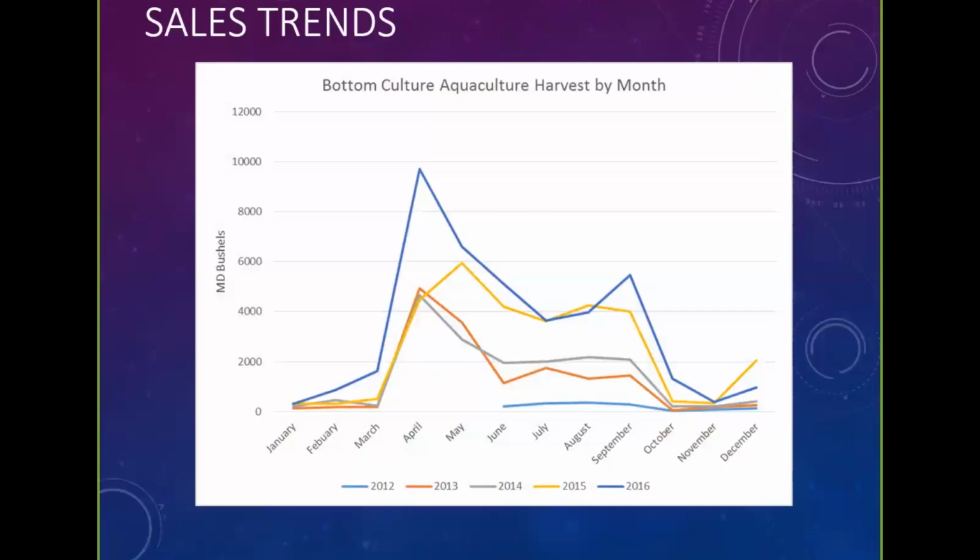So once the wild product went away, the prices went back up and they started selling product. So you can look at harvests if it's something like shellfish, or if there's a competing product. If you're growing hybrid striped bass, you can look to see when the wild striped bass season is, to get an idea of when things might have an impact on your price.